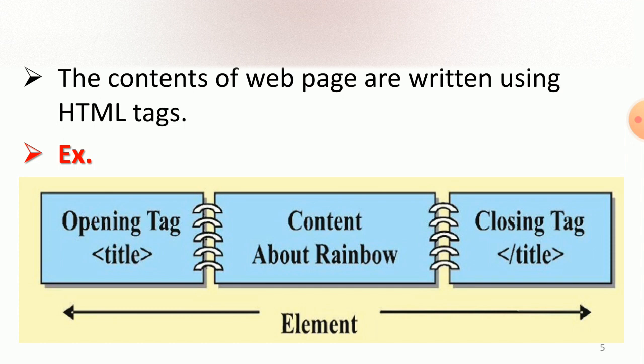Title and slash title with the content between them is an element. That is an HTML tag. In the figure, title, then about Rainbow, and then slash title form an element of the HTML code, and the closing tag is preceded with a forward slash.